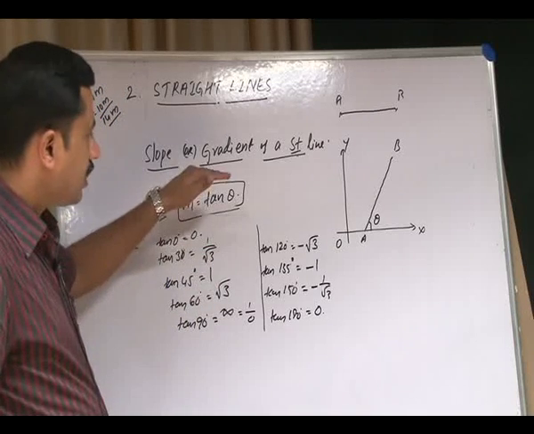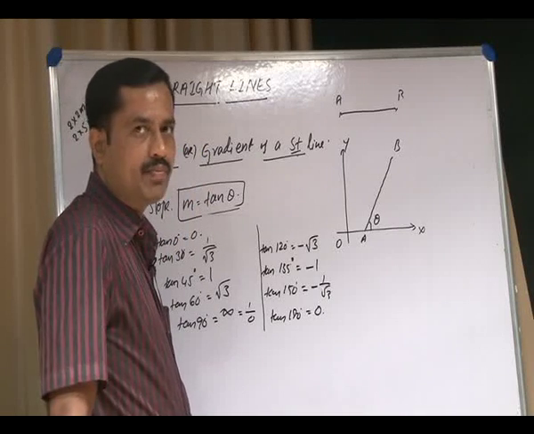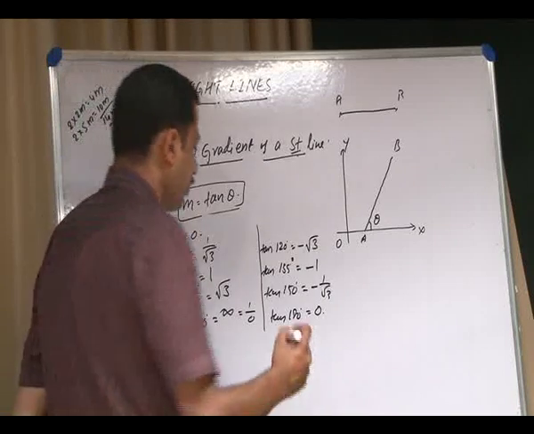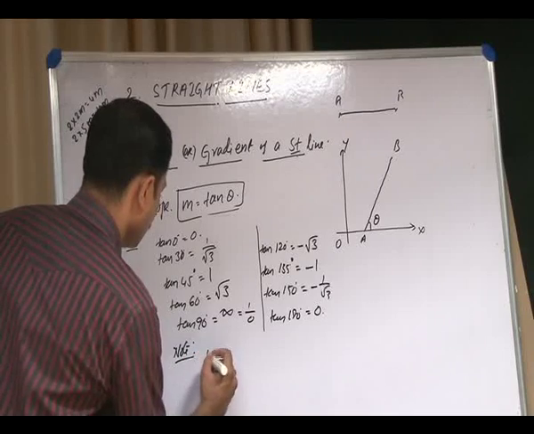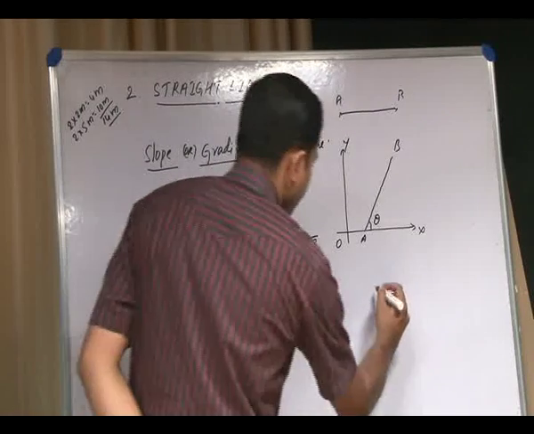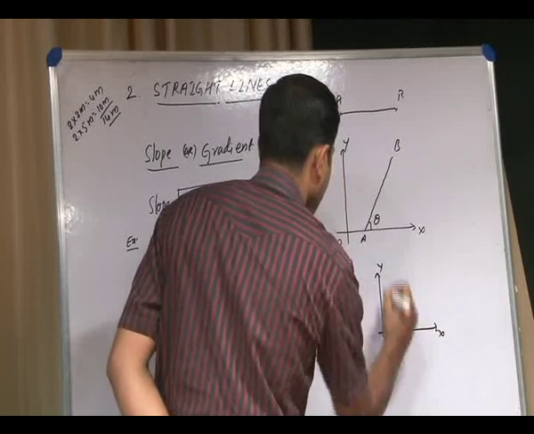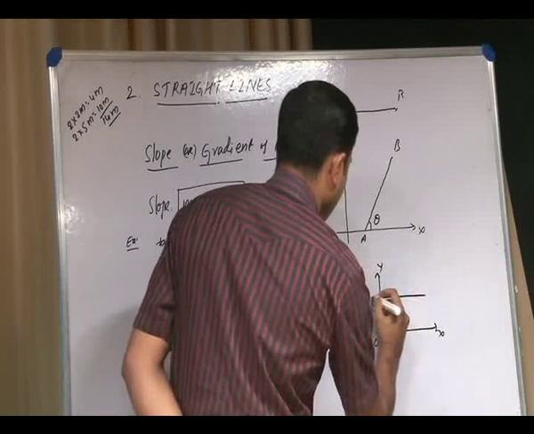According to this definition, suppose the straight line is parallel to the x axis. I will consider this as note number 1. Take the x and y axes with origin, and a straight line AB like this.